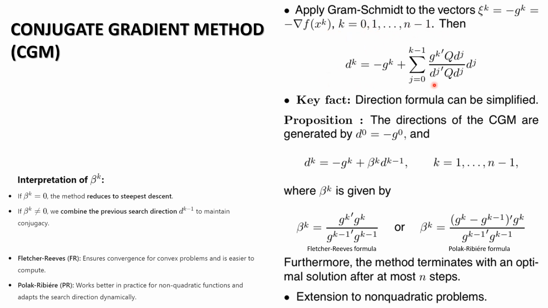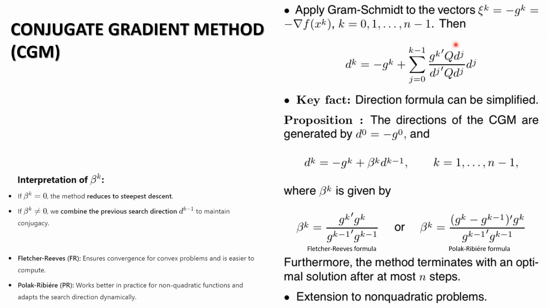Then we can find the search direction dk, constructed such that each new direction is Q conjugate to the previous one. Using the Gram-Schmidt process, the search directions dk are given by such a formula in which minus gk is the gradient of the cost function.